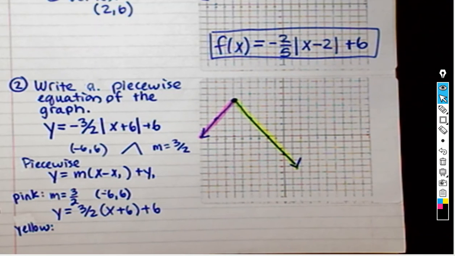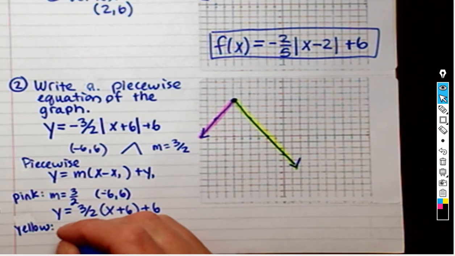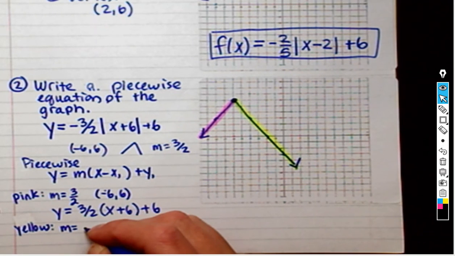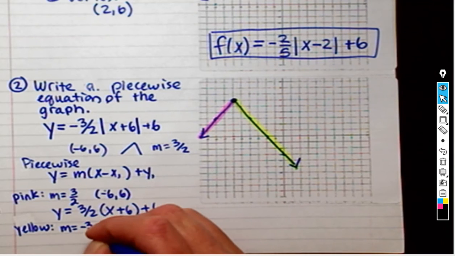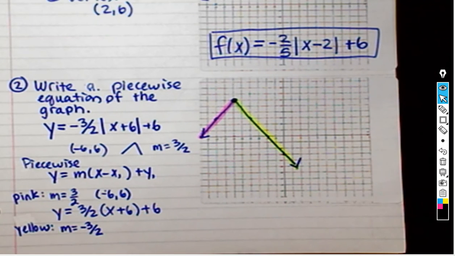Okay, yellow. Harini, what is the slope of the yellow line? No, she's behind you. What's the slope of the yellow line? Yes, negative 3 halves. Okay, we need a point.